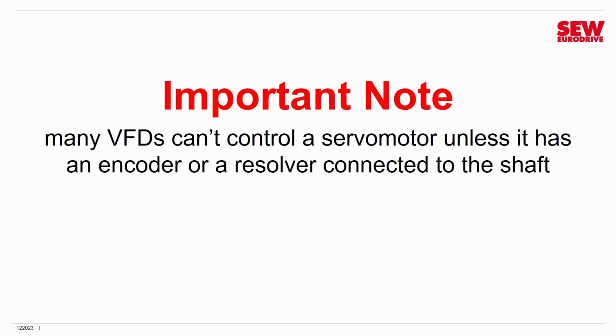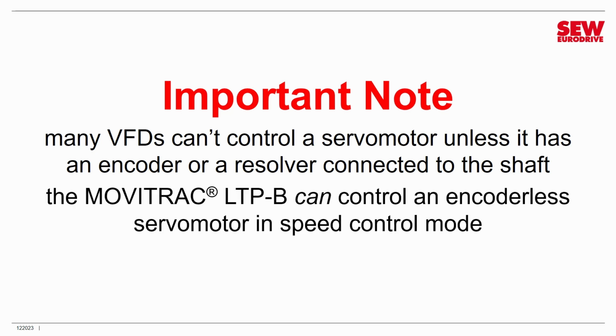Now, an important note. Many VFDs can't control servomotors unless the motor has what's called an encoder or resolver connected to its shaft. This is a feedback device that provides the VFD with speed and/or position information. Some VFDs require this in order to be able to control a servomotor. The MOVITRAC LTP-B does not have this requirement.